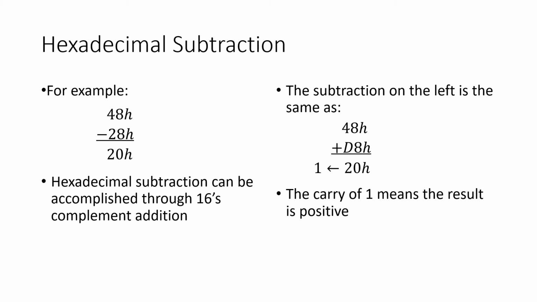So we take the minuend, 48, add to it the 16's complement of the subtrahend, and we end up with a result of 20. Again, I have a carry out of the 8-bit group of 1, but that carry out simply tells us that the result is a positive number.